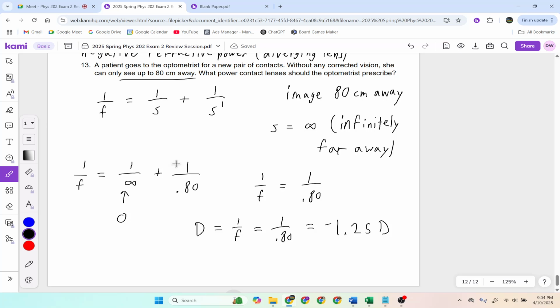This image that is being projected with the glasses, we want our glasses to not make images that are upside down. So glasses, and contacts, are always going to make virtual images. And so for that reason, it was actually negative 0.80. So yes, negative 1.25. That's why it's negative. But if you just remember that myopia should always be negative, then you're good too. Any questions on that one?